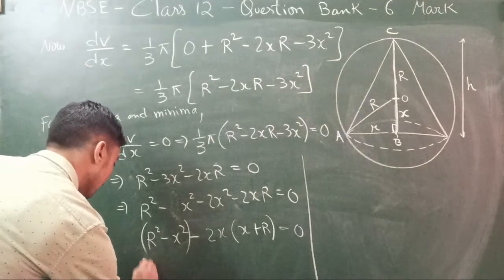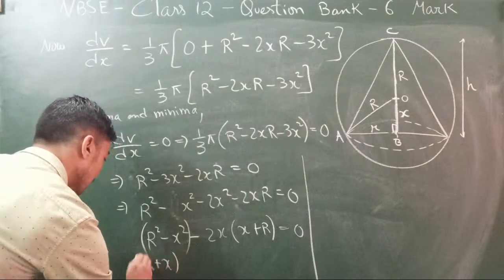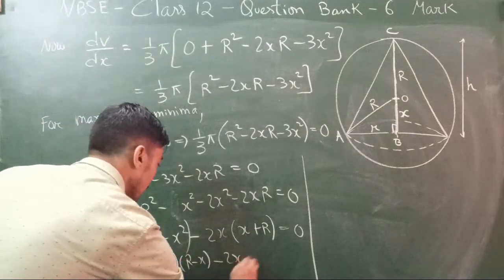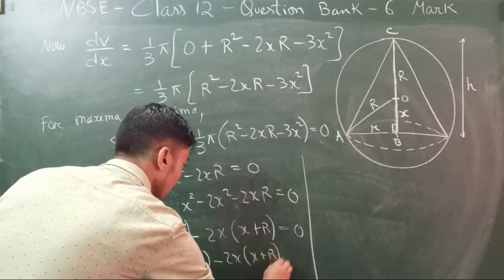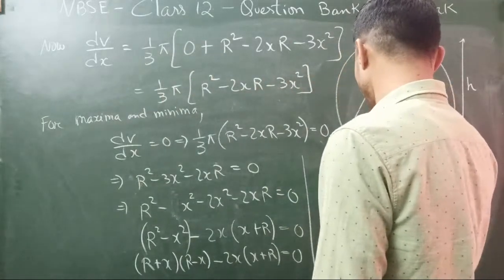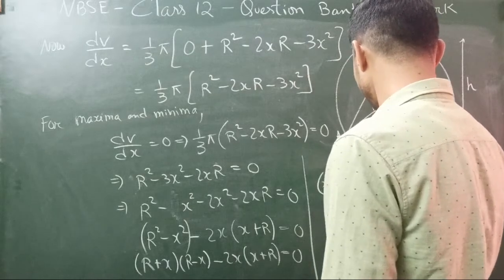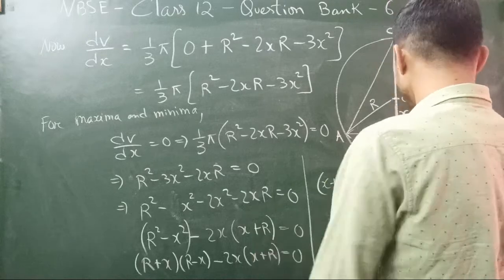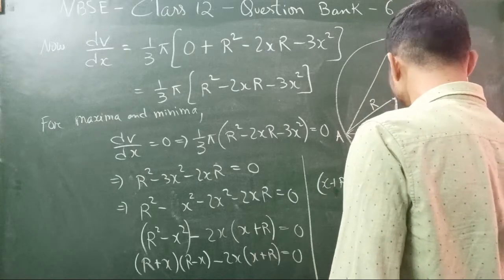So this can be written as a plus b into a minus b, minus 2x into x plus r equal to 0. So we shall have x plus r minus x minus 2x equal to 0.